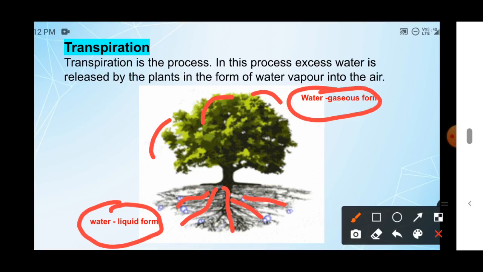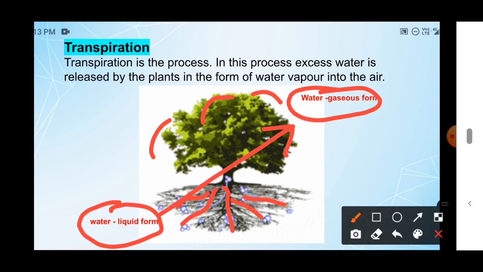The excess water released by the plants in the form of water vapor is known as transpiration. Transpiration occurs only in plants. Okay students, so the liquid water is converted into gaseous form by the plants. This is known as the transpiration process.